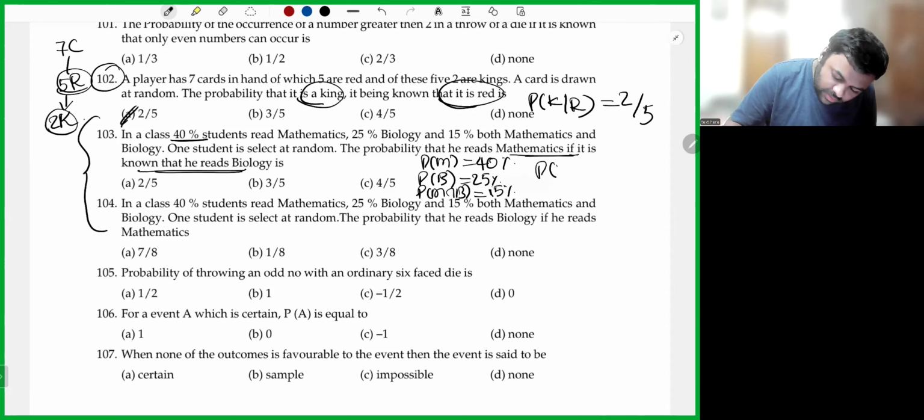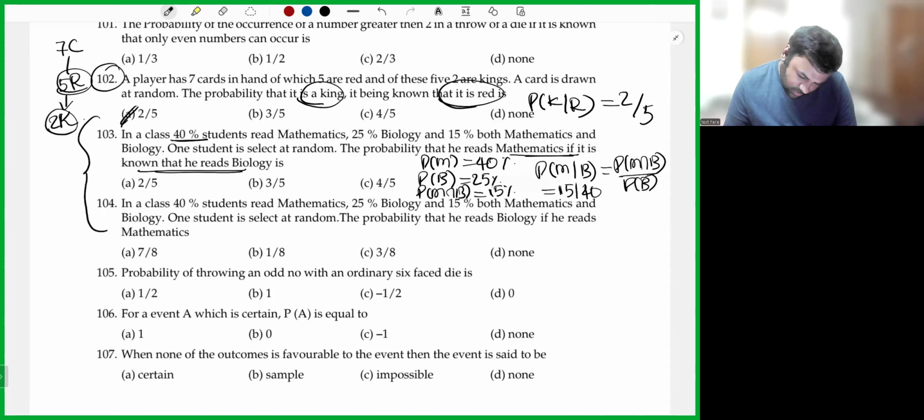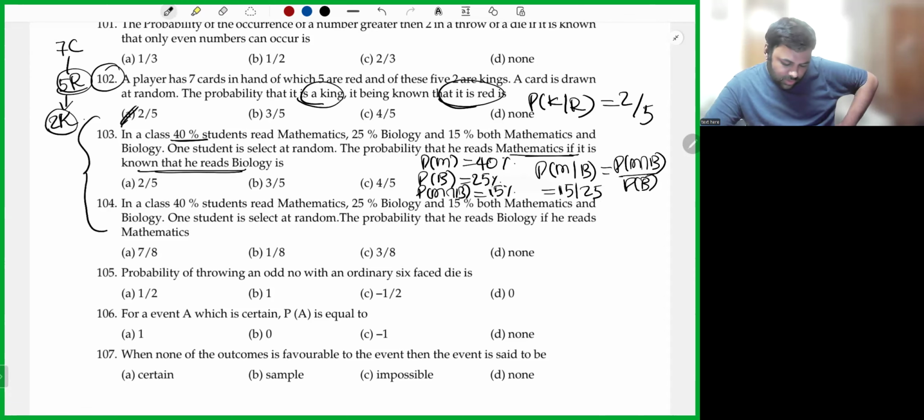P of M intersection B divided by P of B. 15 divided by 25, sorry, not 40. 5 3s are 15, 5 5s are 25.